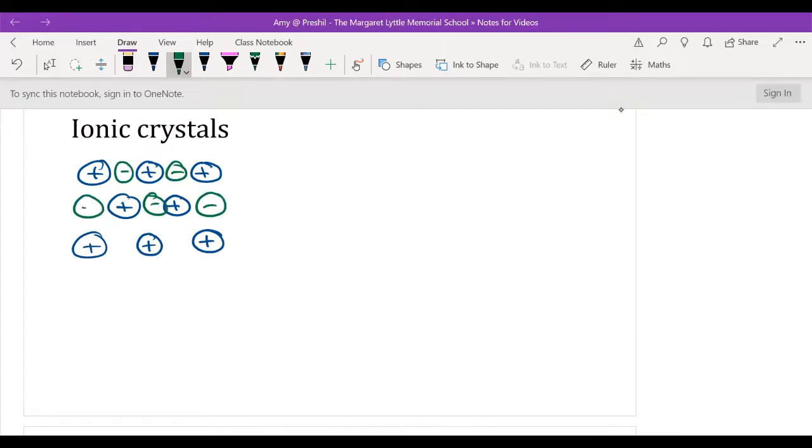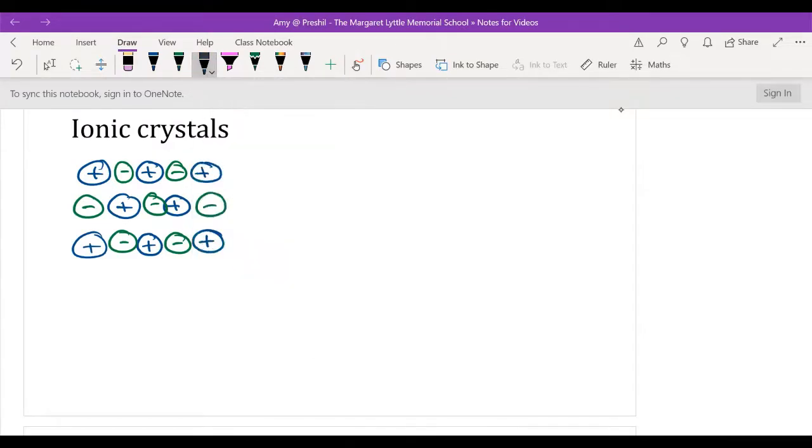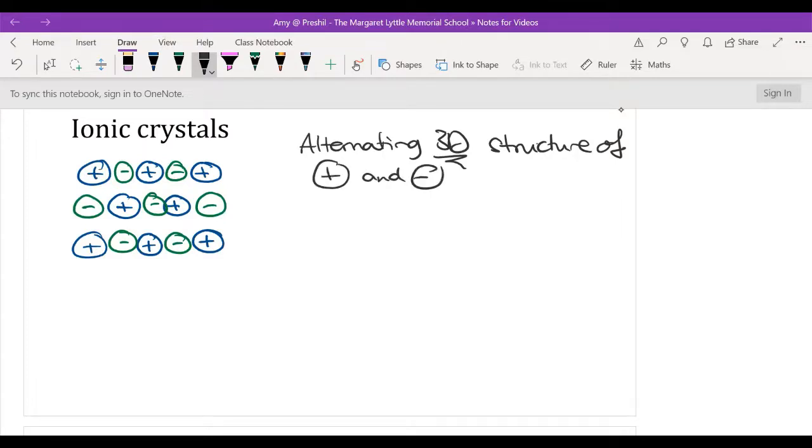That is not something that we need to know in the IB. So we have an alternating pattern of positive and negative charges. And this is a 3D structure of positive and negative ions. This thing here is called a lattice.